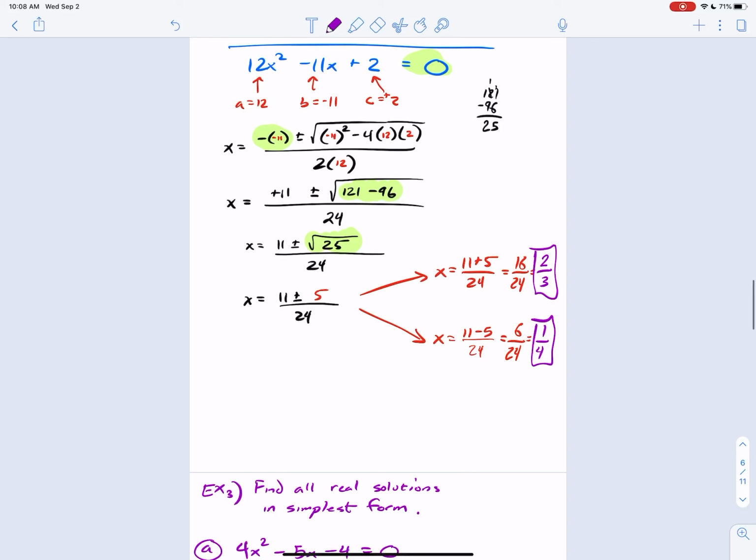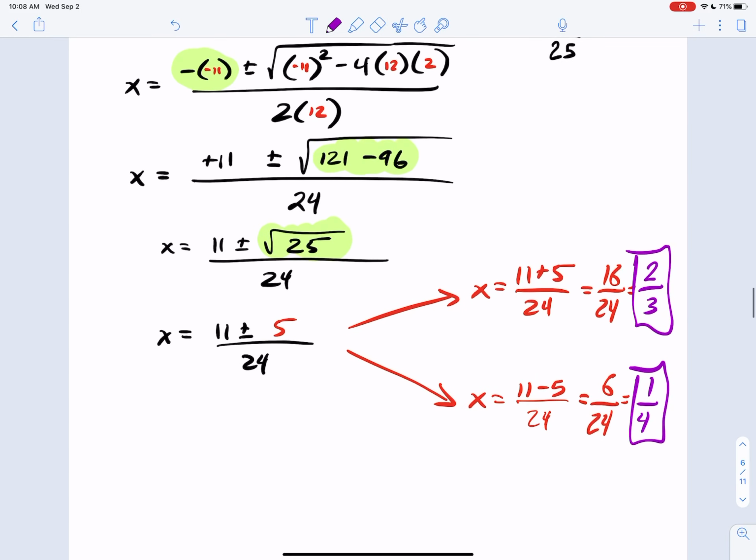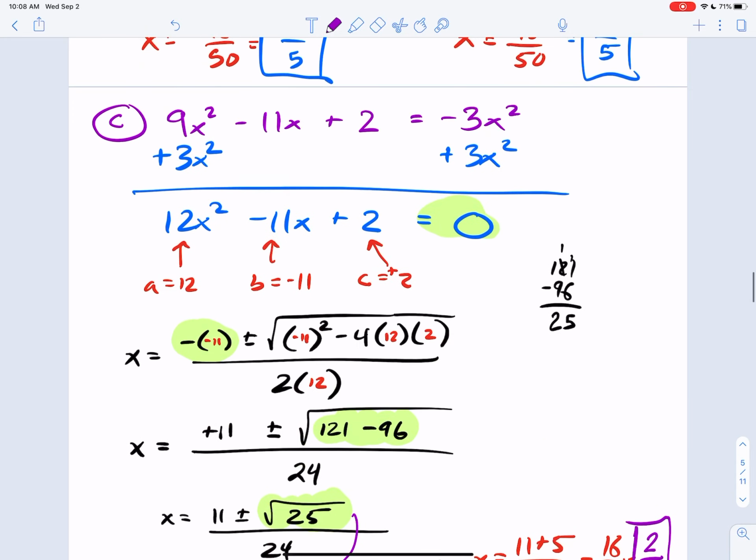All right. Okay. So I'm going to give you guys a little hint here. This square root, okay? Anytime your square root comes out perfect, that tells you that you probably could have factored that.